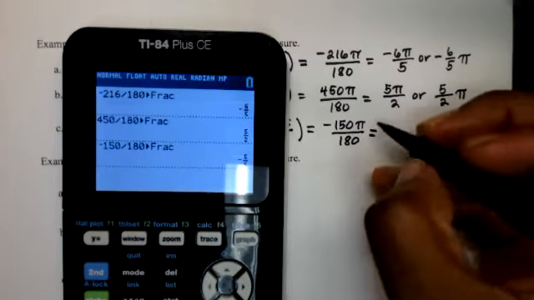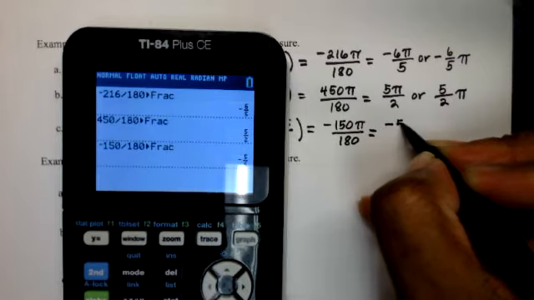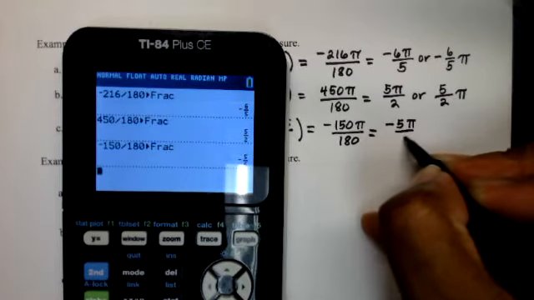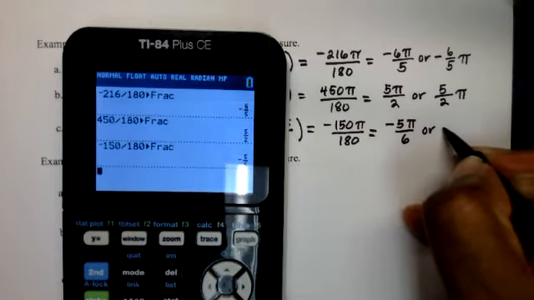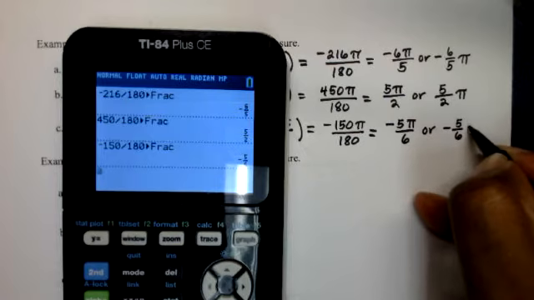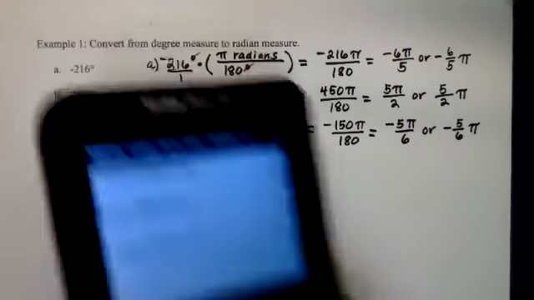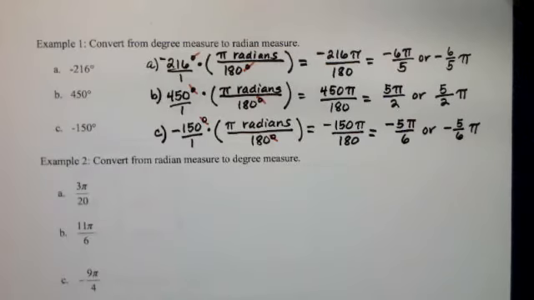And this will be negative 5 pi over 6. Or we can write it as negative 5/6 pi. Okay, so that is how we convert from degree measure to radian measure.